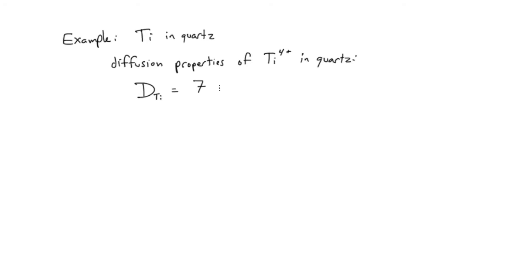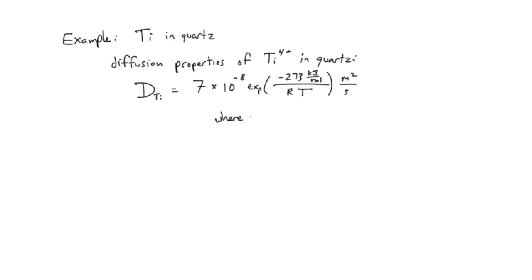So for quartz, it works out to be 7 times 10 to the minus 8 times the exponent of minus 273 kilojoules per mole over R times the temperature, and the units again are meters squared per second, just like in heat diffusion.